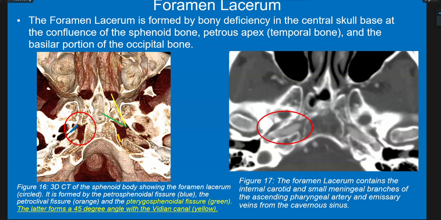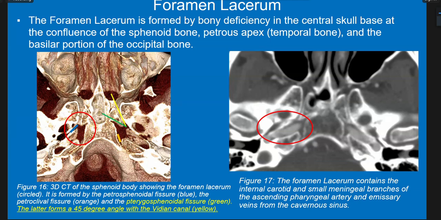So if you orient this image with the prior image, again, you see the Vidian canal running along the floor of the sphenoid sinus here. And so here, between the petrous apex and the clivus, you have the petroclival fissure. Between the petrous apex and the lateral part of the sphenoid bone, you have the petrosphenoidal fissure. And here you have the Vidian canal along the floor of the sphenoid.